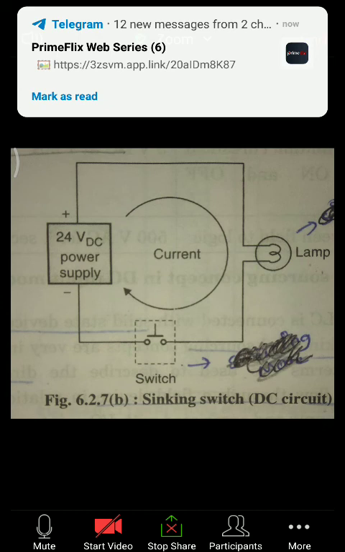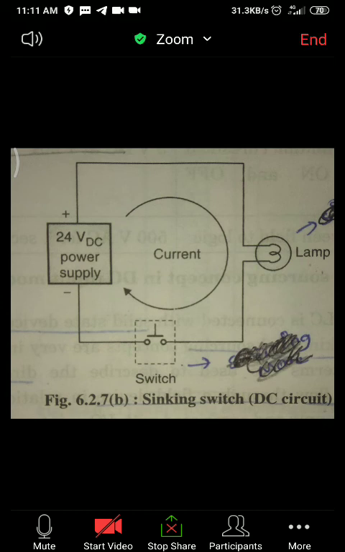Getting? So when solid state devices such as transistors, proximity switches or photoelectric sensors are used as input devices with a PLC, they will function properly only if connected in a particular way. Suppose a transistor is there. You know that a transistor amplifies the current. So obviously a transistor must be connected as a sourcing device.